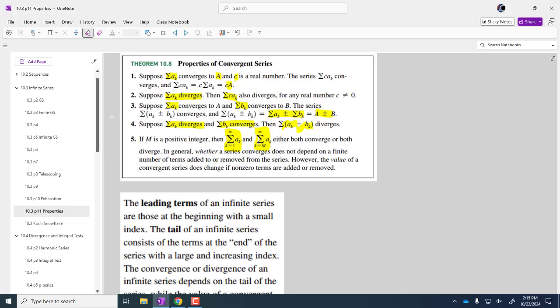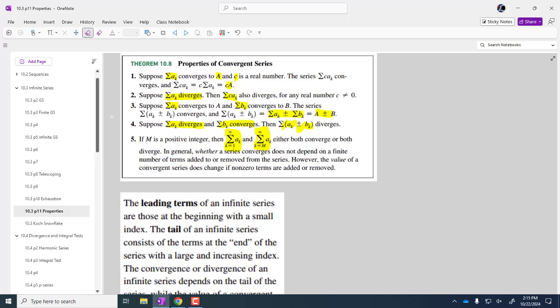When you look at a convergent series, the front, the head of the series, the leading terms, those are more impactful on what the series converges to. The tail is equal to 0, essentially, right? It's equal to something really close to 0. So the value of an infinite series is dominated by the leading terms. The tail of the series usually is very close to 0.